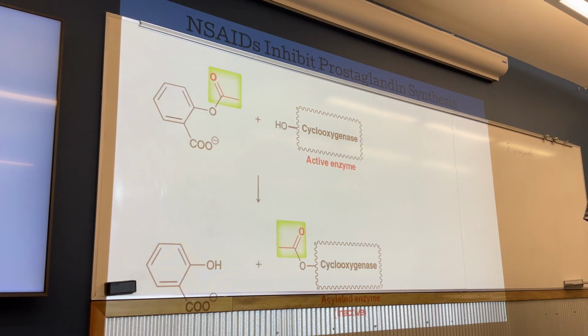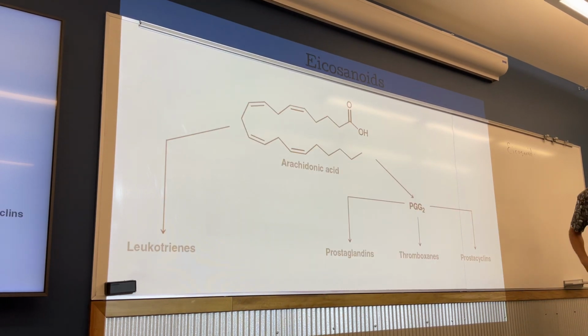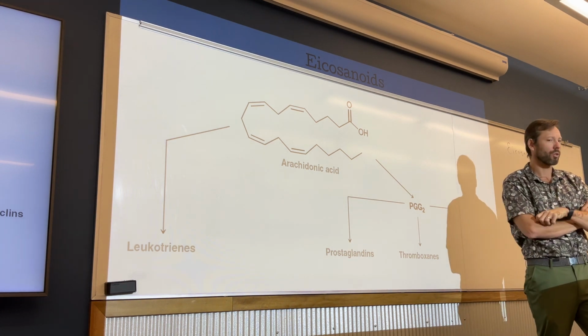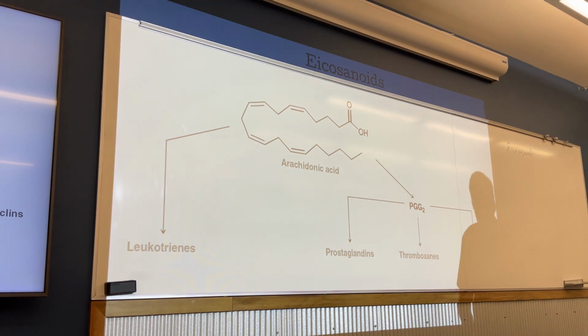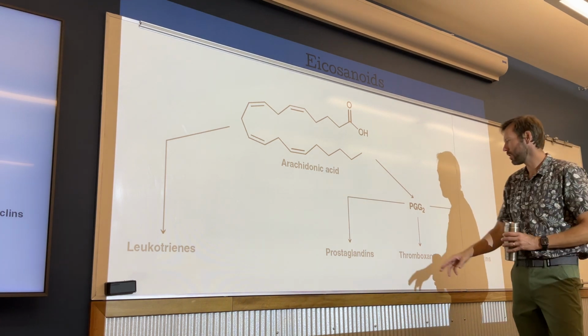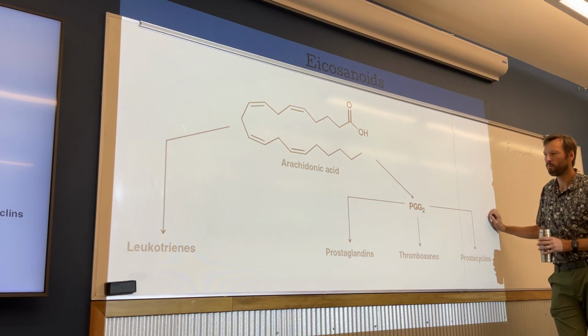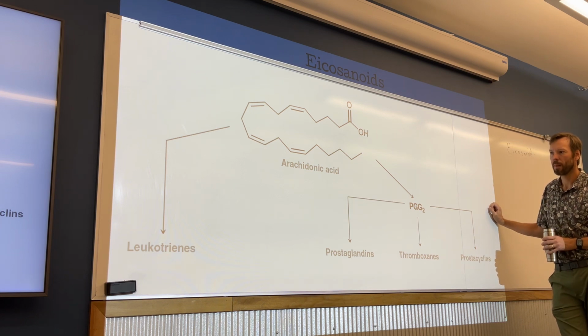And so it's not just prostaglandin that comes from arachidonic acid. Arachidonic acid is the precursor for lots of different eicosanoids. Prostaglandin is just one of those. Okay.